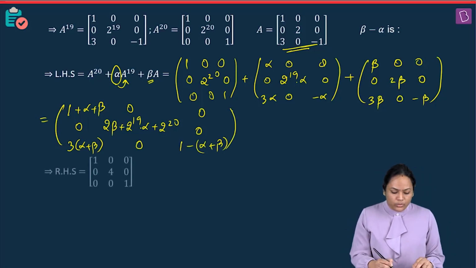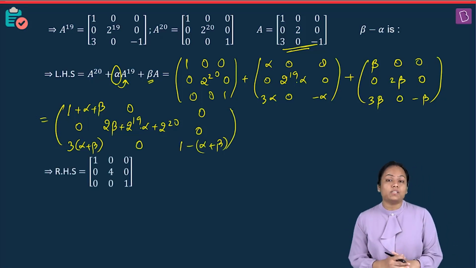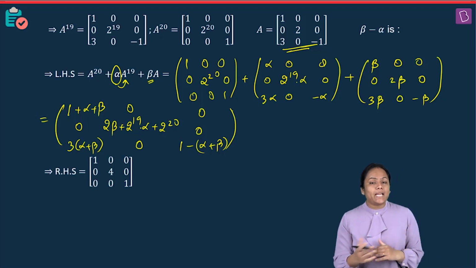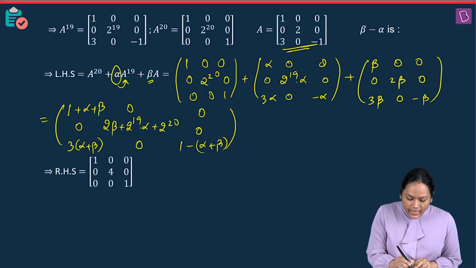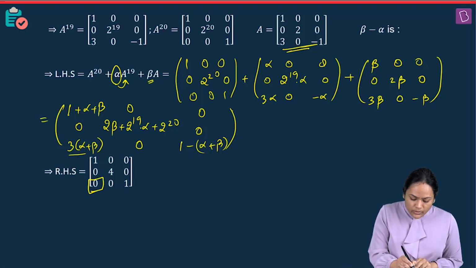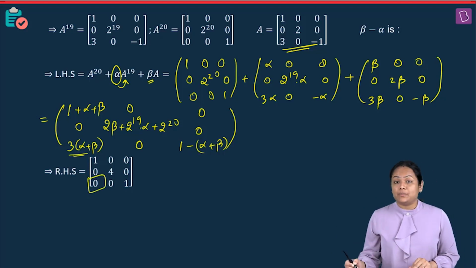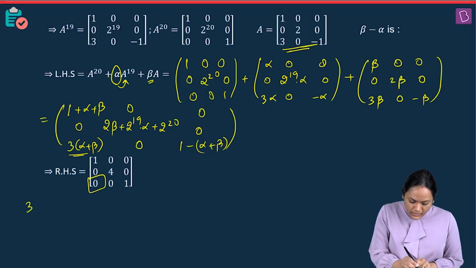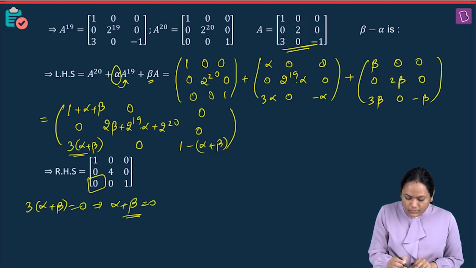And this was equal to our RHS, which was given to us in the question. So when we compare these two matrices, I have A31, that is this 0, equal to 3 times alpha plus beta. So that is going to give me that my alpha plus beta value is coming out as 0.